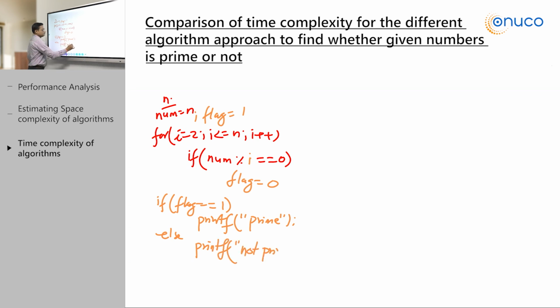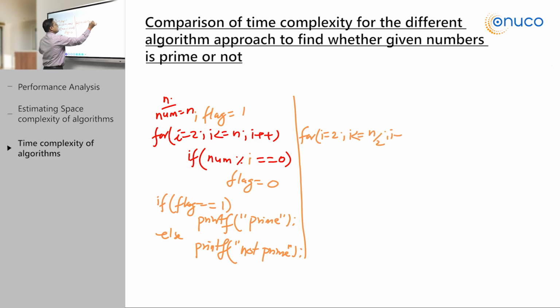Similarly, another programmer in front of you, or sitting with you in the class, is going to write a different program. Different program means the logic will be different. Say here they use for i equal to 2, i less than or equal to n by 2, i plus plus.